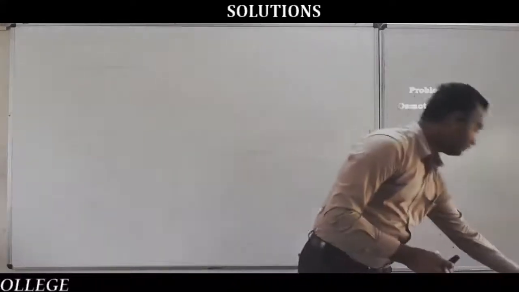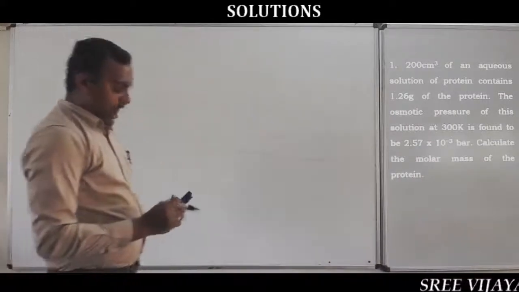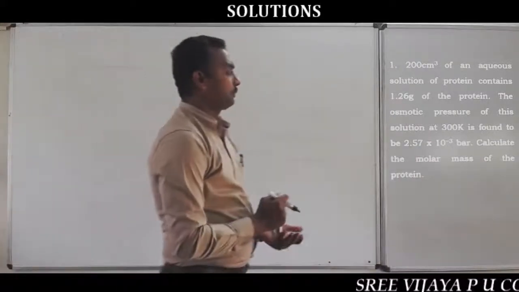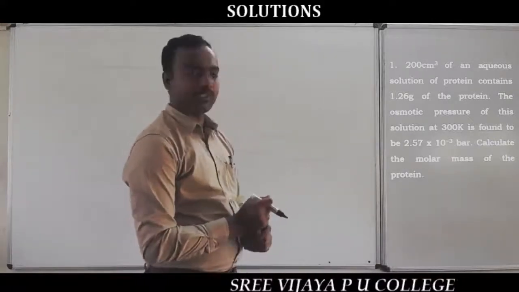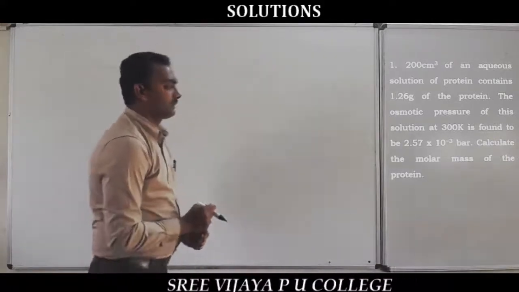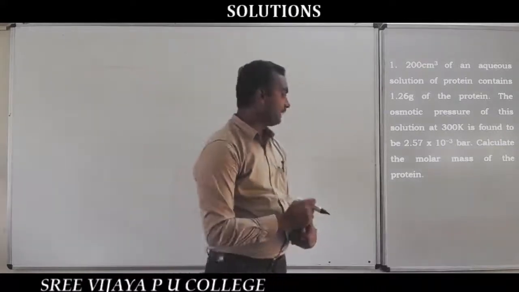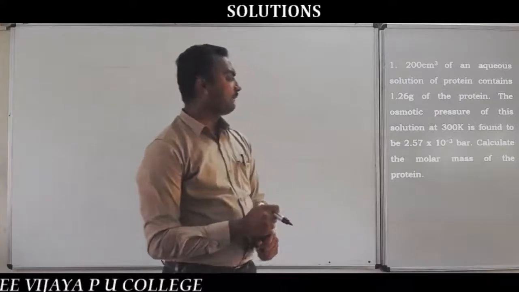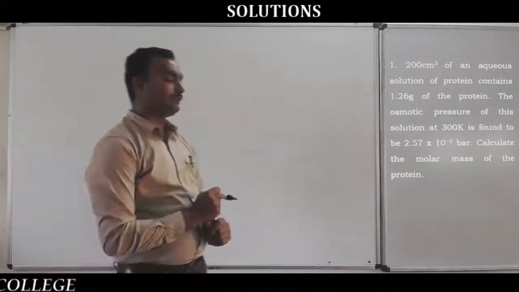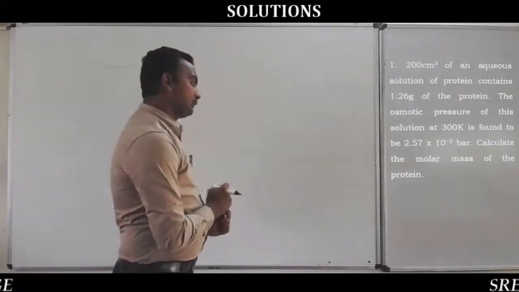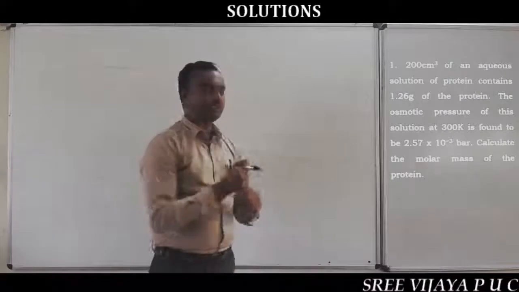Okay, first problem: 200 cm cube of an aqueous solution of protein contains 1.26 gram of the protein. The osmotic pressure of this solution at 300 Kelvin is found to be 2.57 into 10 power minus 3 bar. Calculate the molar mass of protein. Before solving this problem, first we have to identify which is the solute here.